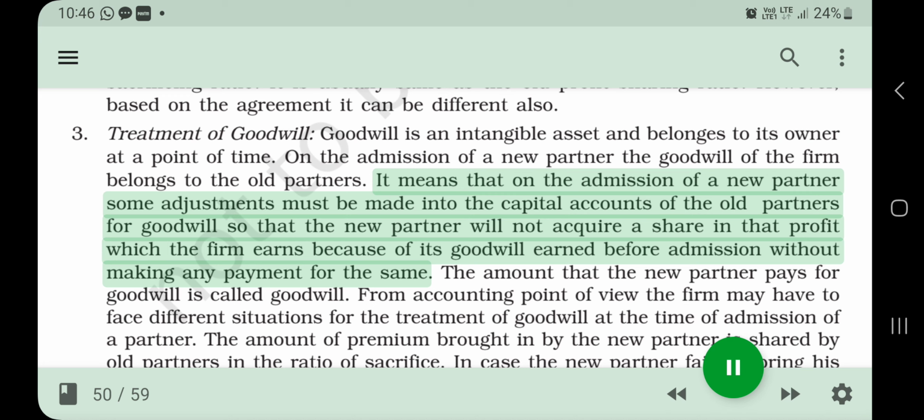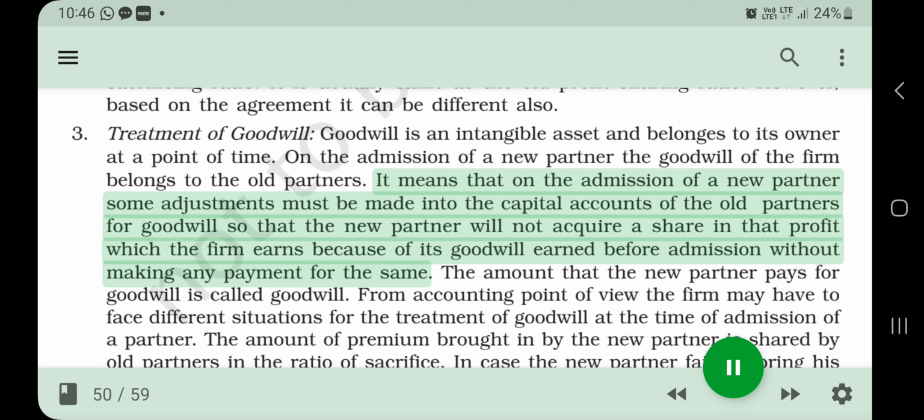4. Adjustments for revaluation of assets and reassessment of liabilities. If, at the time of admission of a partner, the assets and liabilities are revalued or some asset or liability is found unrecorded, necessary adjustments are made through the revaluation account.